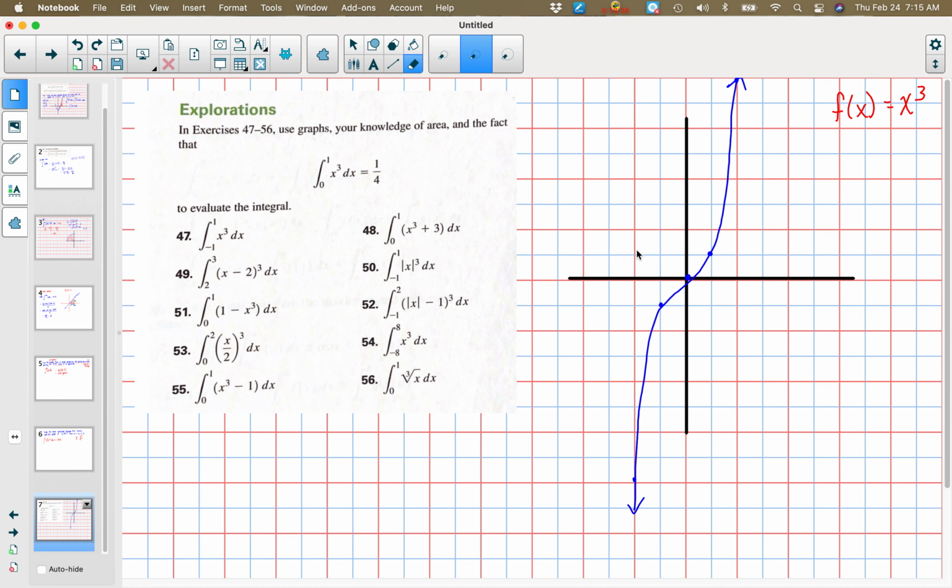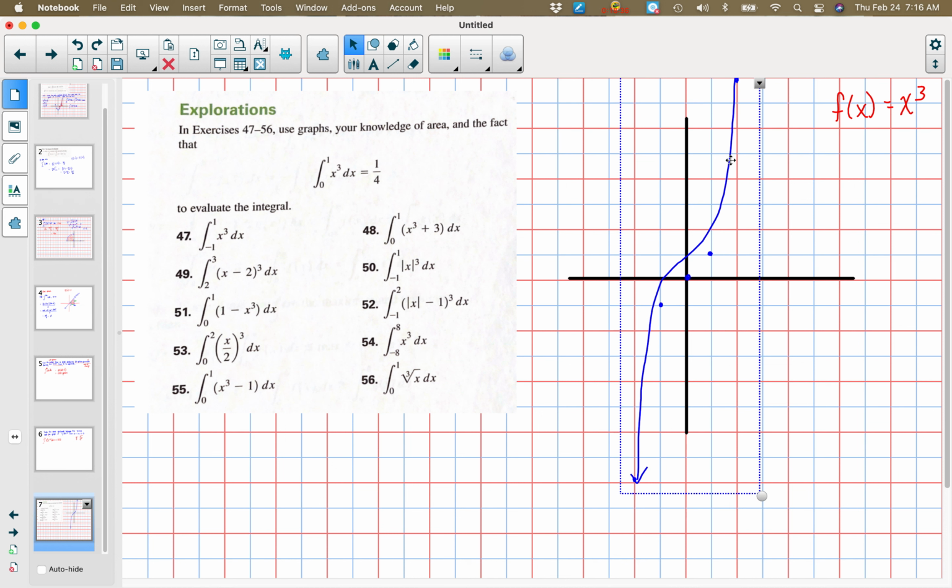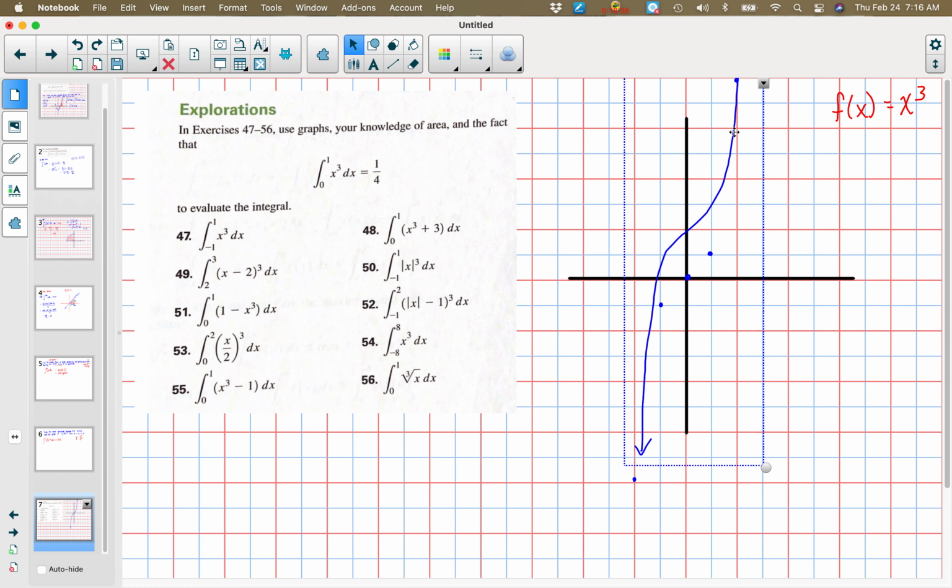So if we want to do number 48, we're evaluating from 0 to 1, the same limits of integration, but this time it's x cubed plus 3. Imagine if we take our function and just raise it up 3. So now it's here instead.